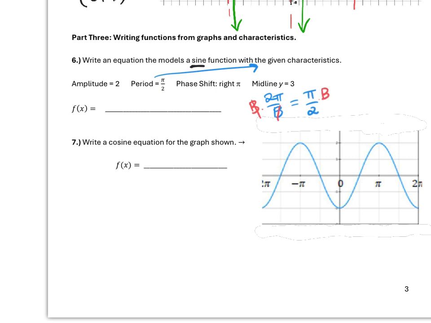So then I have 2 pi is equal to b pi over 2. Multiply by the reciprocal. So I'm going to multiply by 2 over pi to get rid of it on this side. If I do it on one side, I do it on the other side. That gets rid of my pi, and I get 2 times 2. So b equals 4.